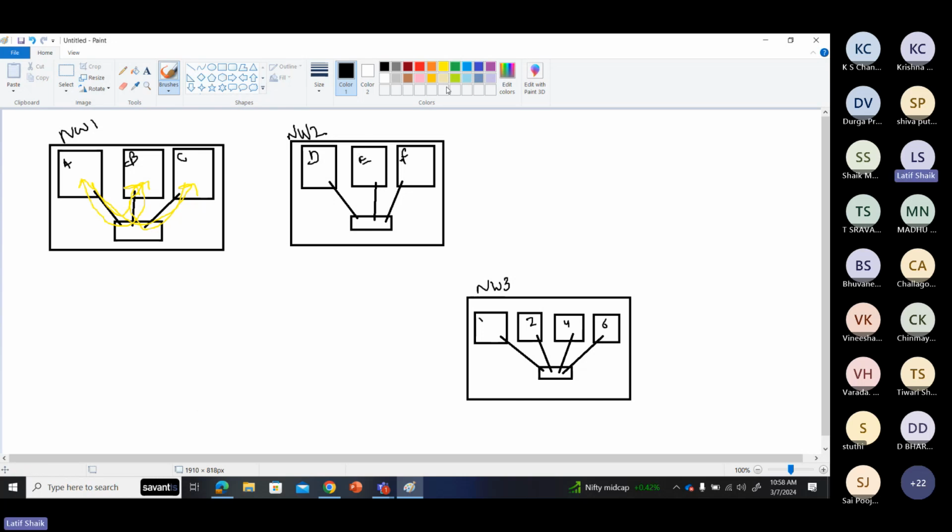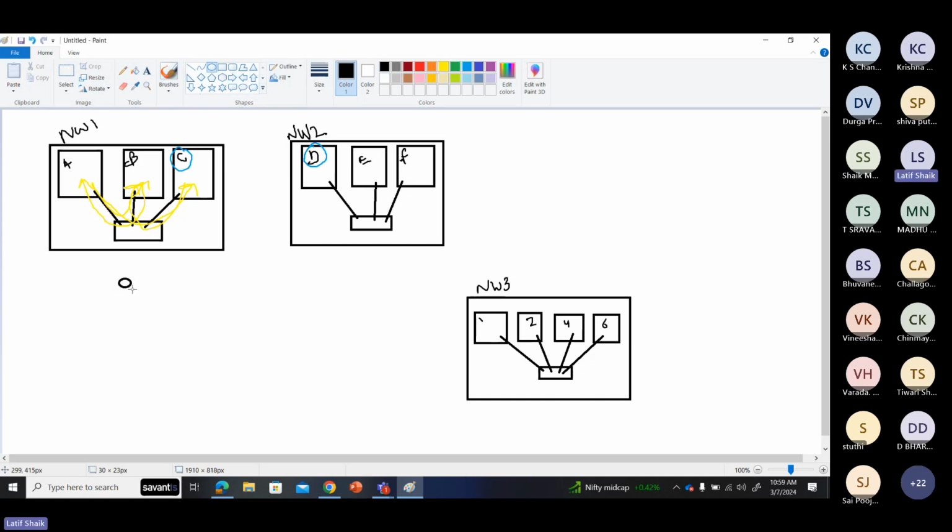For example, I want to make a communication between this C PC to D PC. The C device wants to communicate with D. How can they communicate? There is no connectivity, either wired or wireless. There are separate networks.